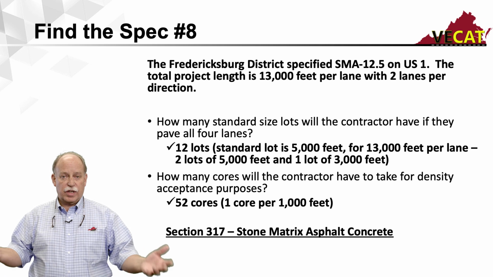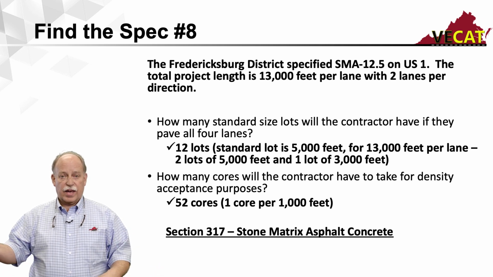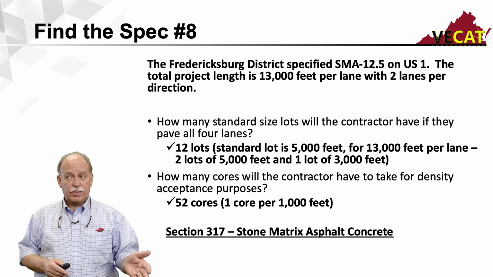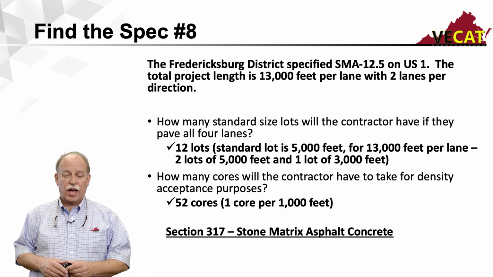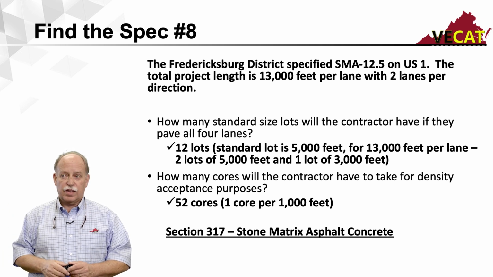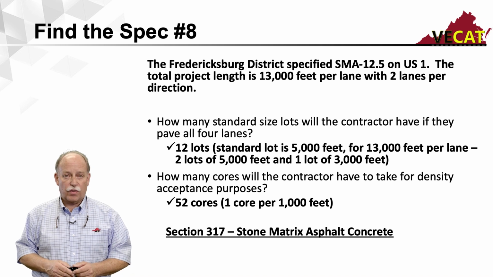If you remember, when you do density testing, a standard lot is between 3,000 and 7,000, with the standard lot being around 5,000 feet. So if you've got 13,000 feet per lane, you get 2 lots for every 5,000 feet, and then you'll have at the end of it a 3,000 foot lot. Minimum was 3,000 feet, so you get an extra lot there. So that's how you calculate that to get to 12 lots.